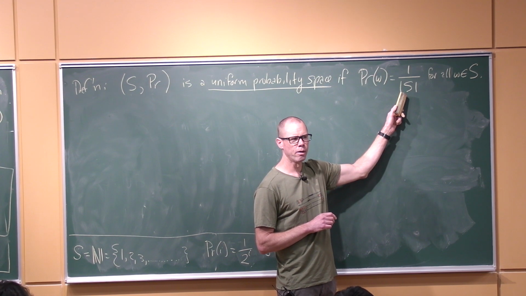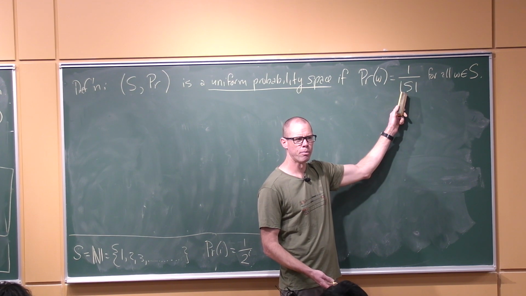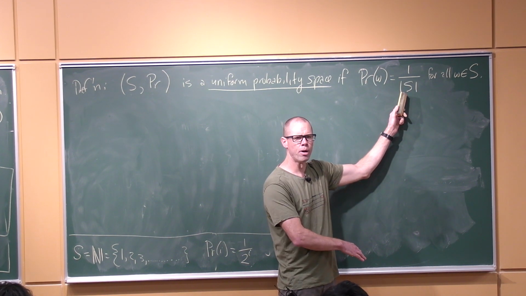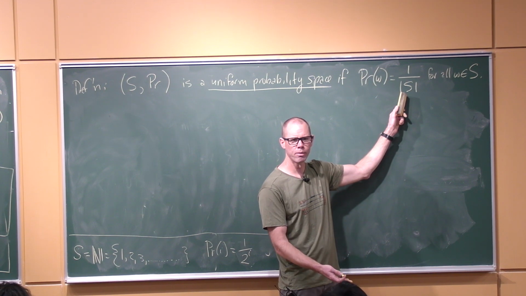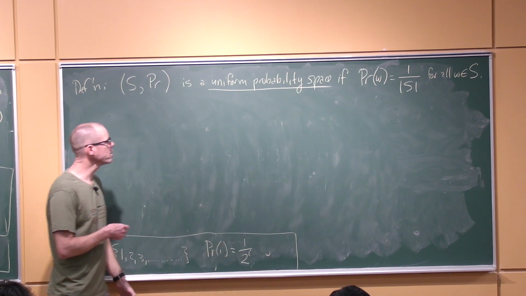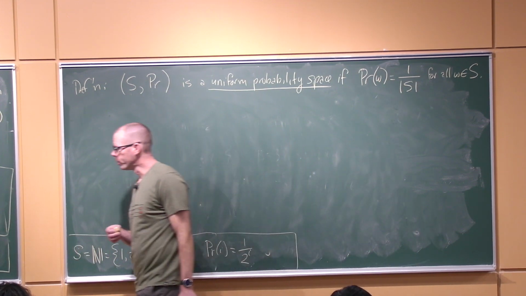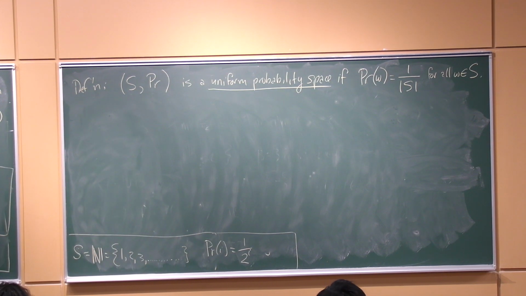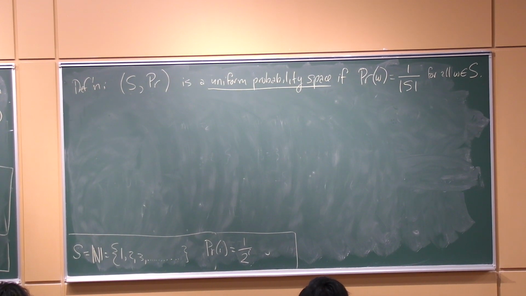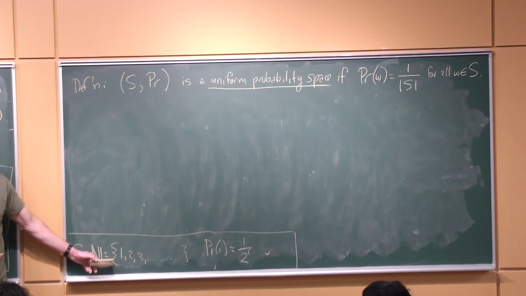In particular, if S is infinite, then everybody has 0 probability in a uniform probability space. But then if I add up all the probabilities, I'll get 0, which doesn't work. So if I want a uniform probability space like this, I need S to be finite. For example, I can't say the uniform distribution over positive integers, because it just doesn't make sense.